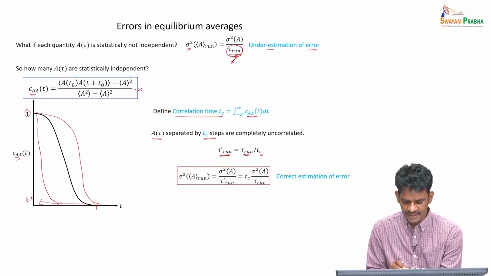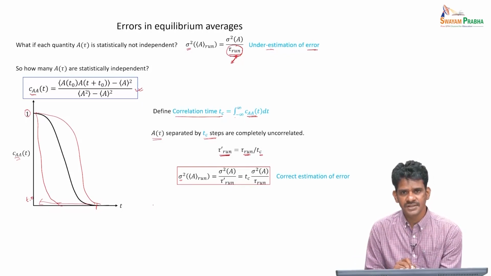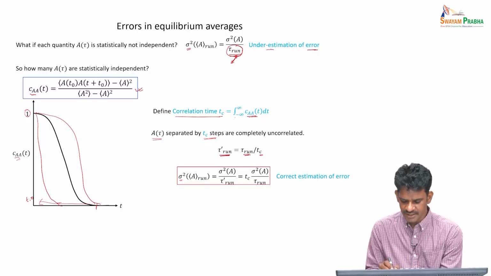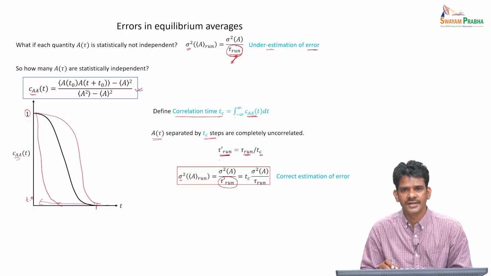We redefine the variance in the mean as sigma square by tau prime. This is the number of statistically uncorrelated data sets, and we substitute for tau prime as tau n by tau c. Here tau n is the total number of data sets we have, and tau c is the correlation time.